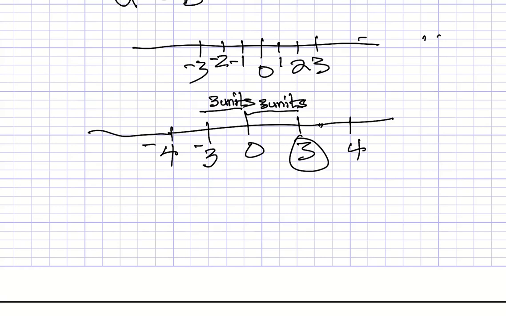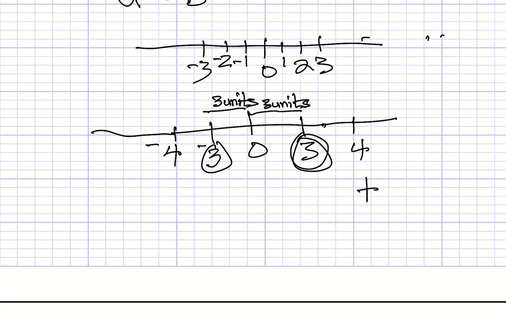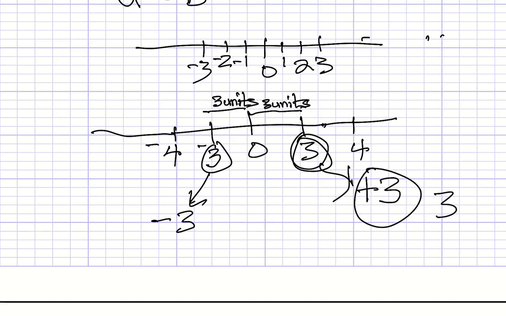The only difference is the 3 here has a negative sign to it, and the 3 here has a positive sign. 3 over here can be written as plus 3, and 3 over here can be written as minus 3, but we don't normally write it like this. We just write 3 with the assumption that the positive sign is there.